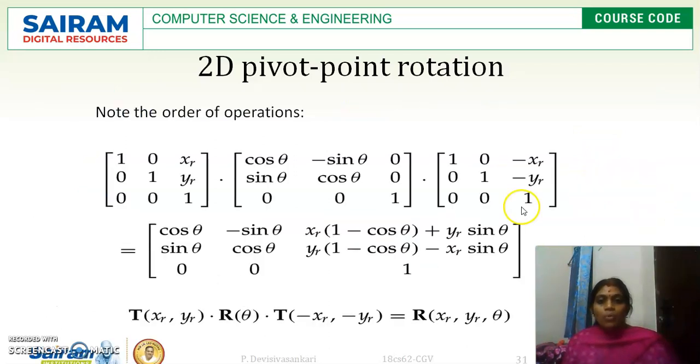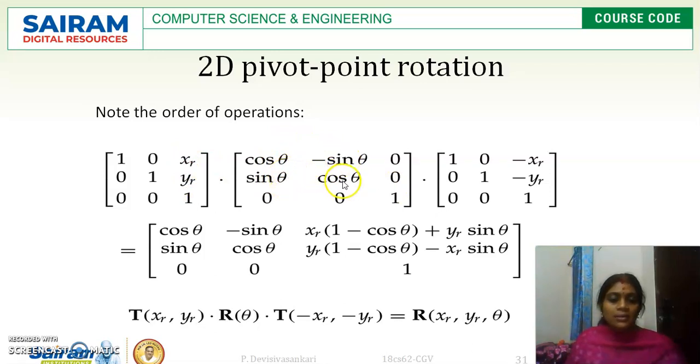So how can we write the order of operation? First, xr and yr translation, and the second one is rotation, cos theta, minus sin theta, cos theta, with the homogeneous coordinate. Finally we put the object back into its original position. That is called inverse transformation, minus xr and minus yr, right?